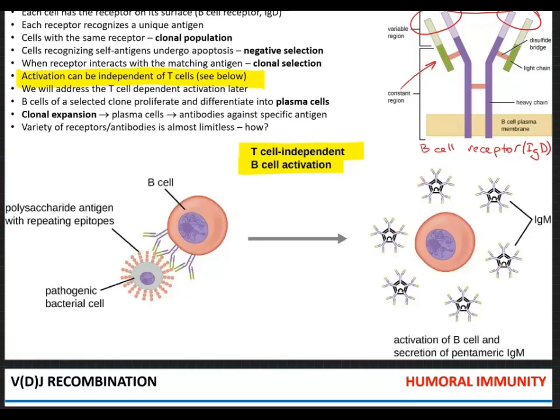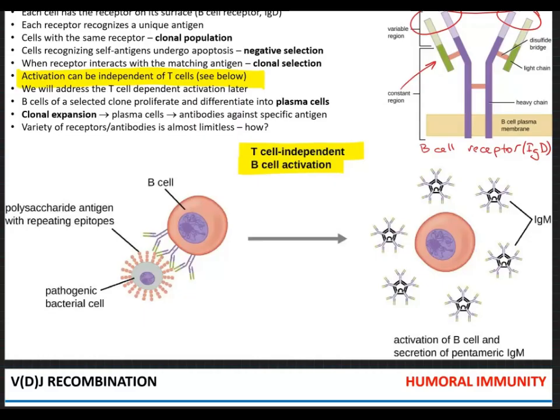Now, how many antigens do you think exist in the world? Different antigens? Well, probably billions. Think about how many different organisms there are. Bacteria, viruses, I'm not even talking about mammals or plants or whatever.